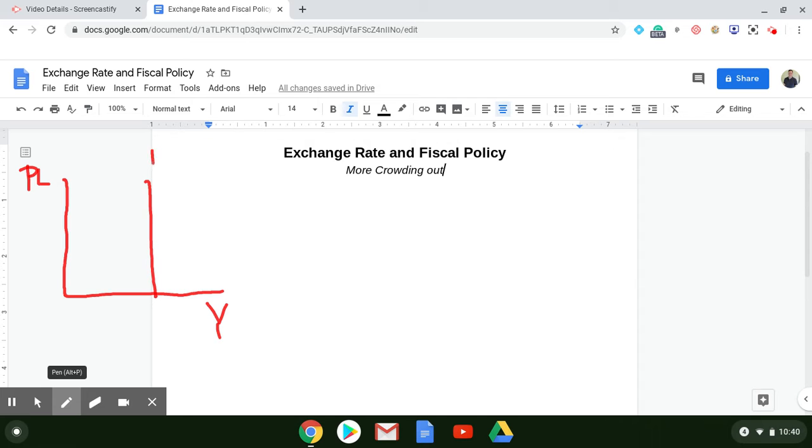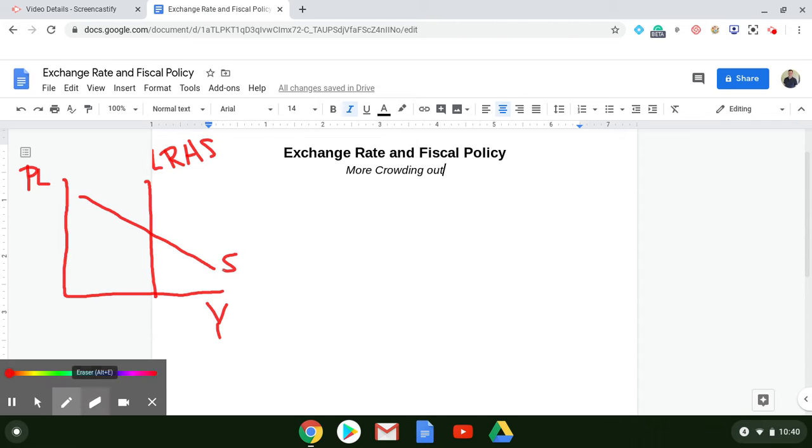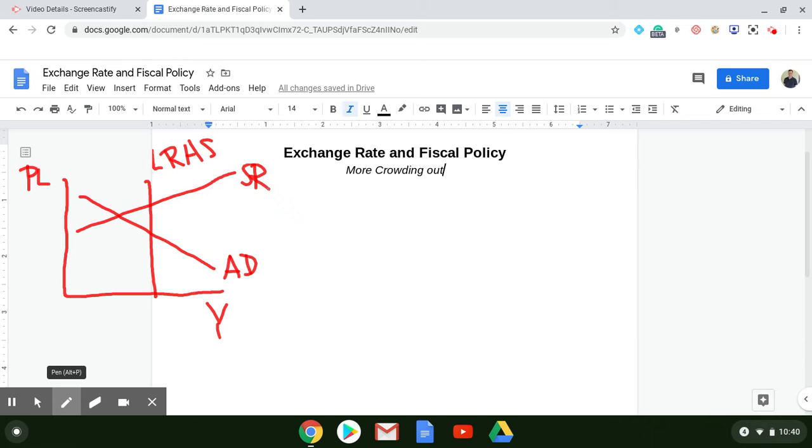We've got this long run aggregate supply curve, this aggregate demand curve, and this short run aggregate supply curve. We are in an economy where we're below potential output.